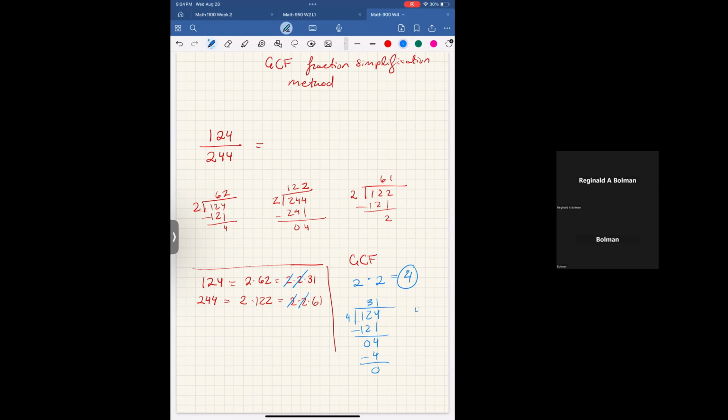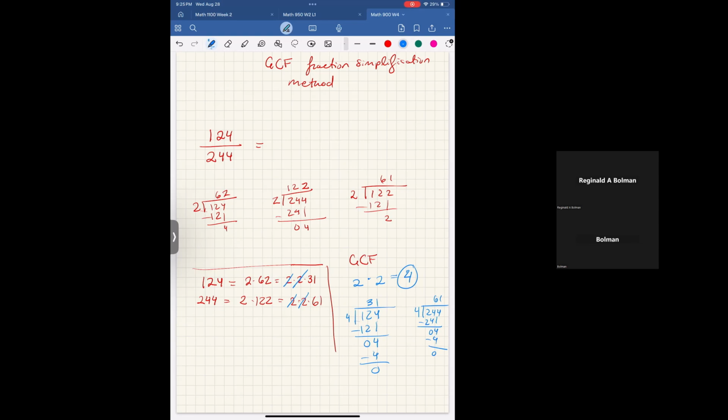If we took 4, though, and we divided it into the bottom number, 244, 4 should also go into our bottom number pretty easily. 4 is going to go into 24 6 times. 6, 12, 18, 24, right? 6 times 4 is 24. Subtract, you're going to get 0. Drop your 4 down. 4 into 4 goes one time. 1 times 4 is 4. Subtract, you get 0 remainder.